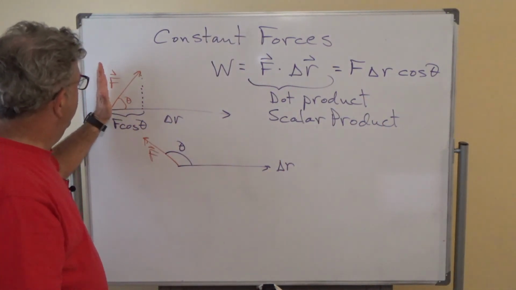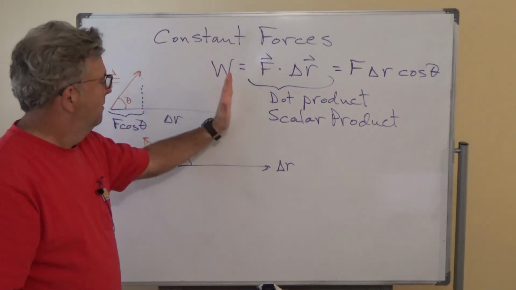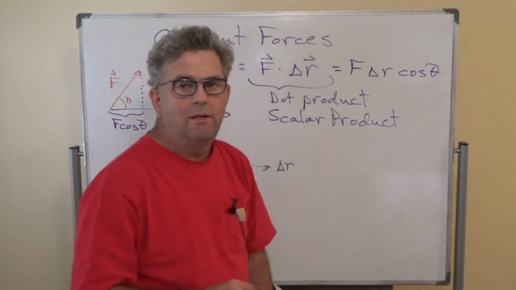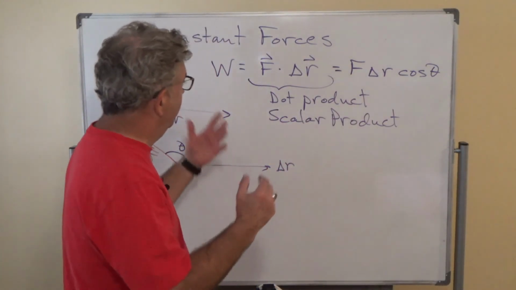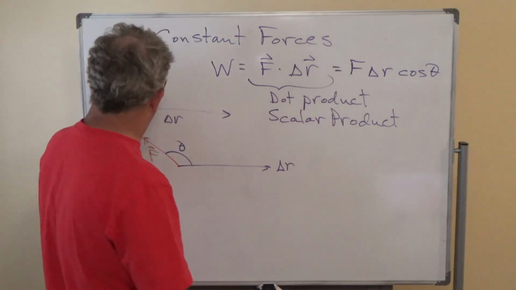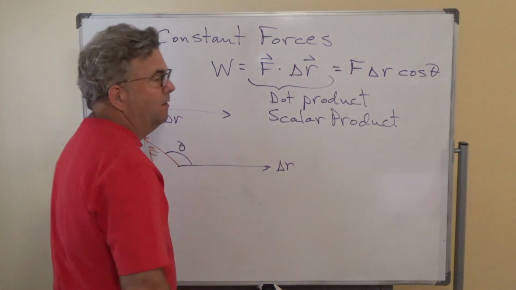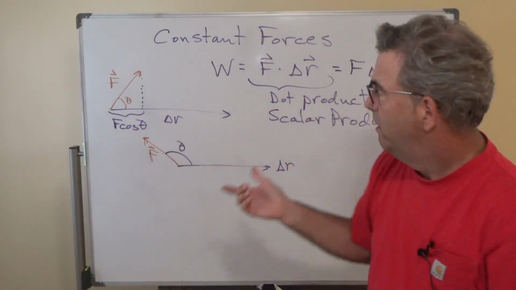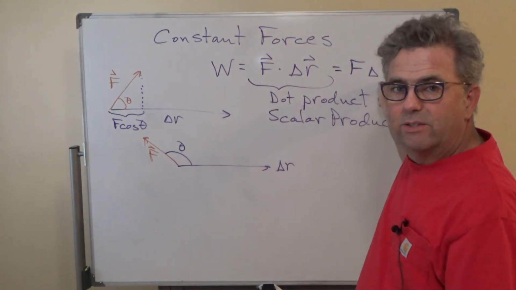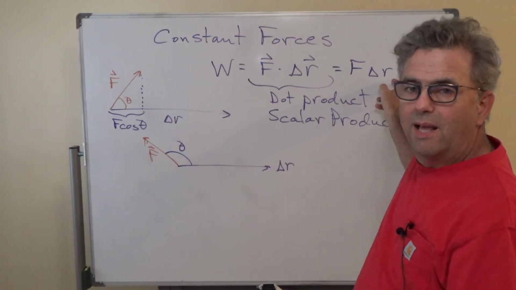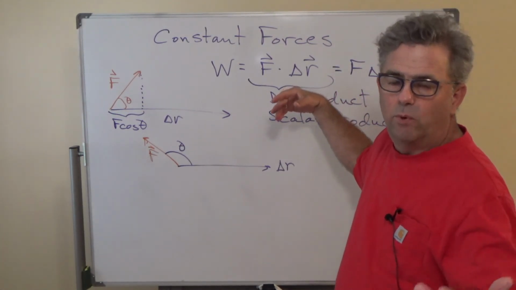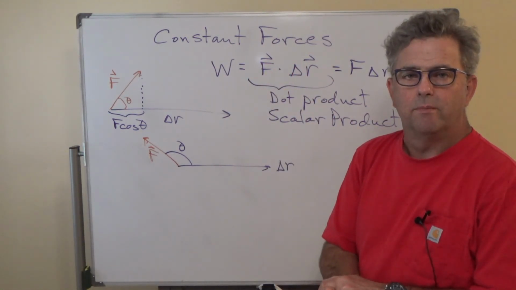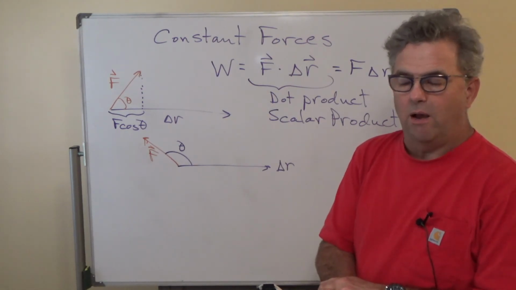If the force is 90 degrees, cosine of 90 is 0, so you get no work done by that force that's perpendicular. If the force is 180 degrees to the displacement, cosine of 180 is negative 1, so it'd be negative F delta R. And we will see how all this works.